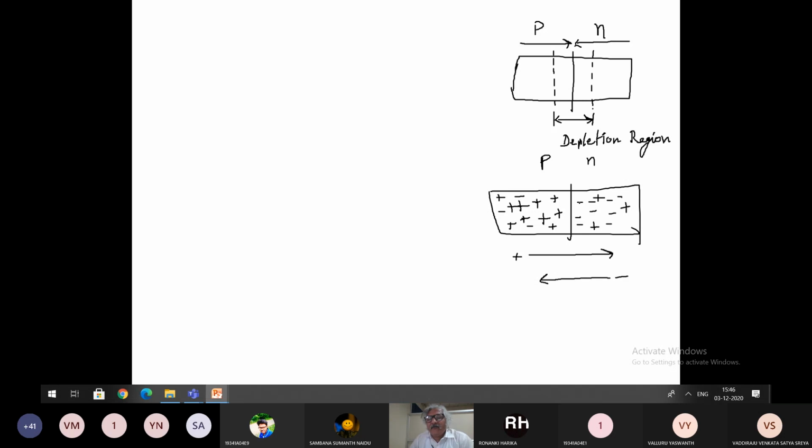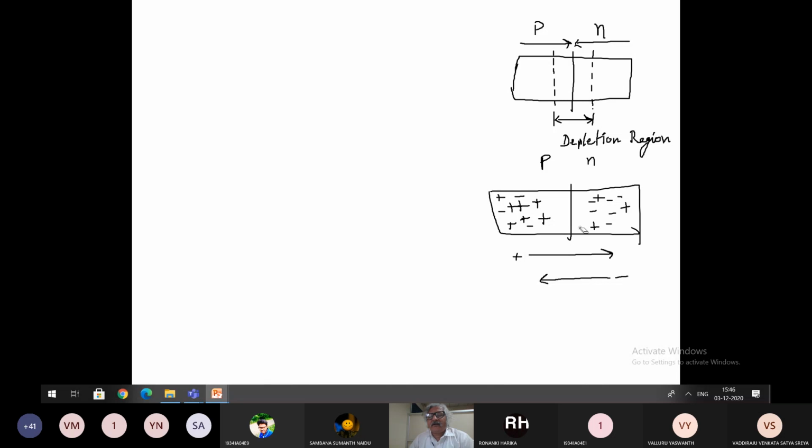Now what will happen when N type and P type cross each other? The N type will recombine with the P type. This hole and this electron will disappear. Now again this hole and this electron will disappear.